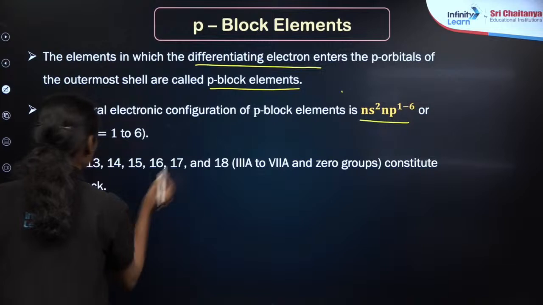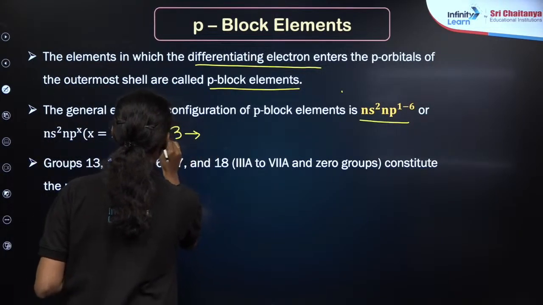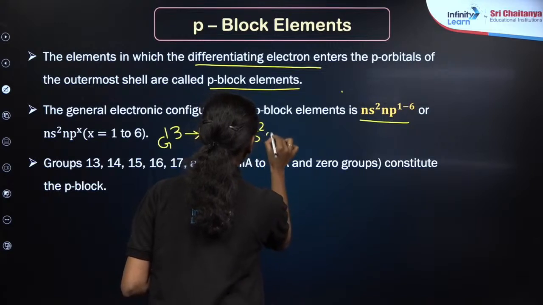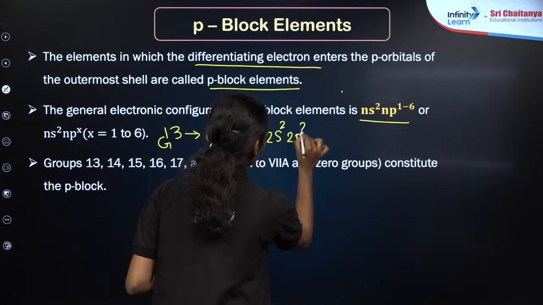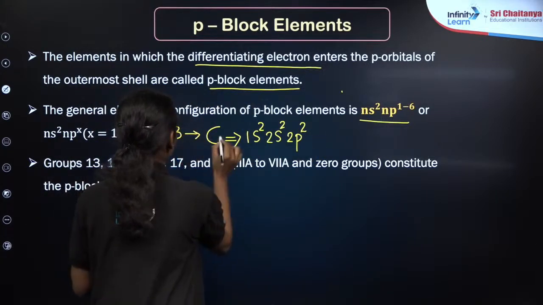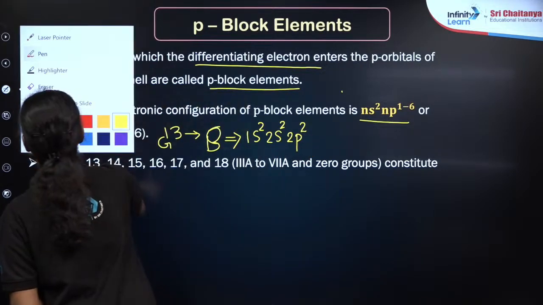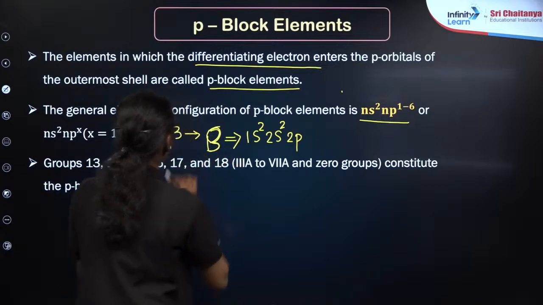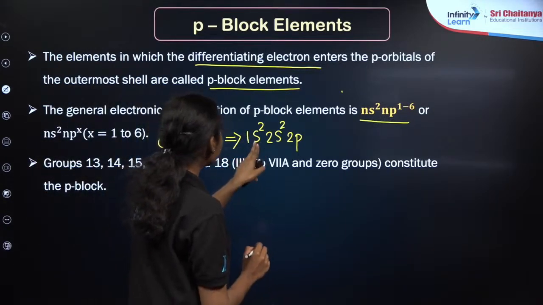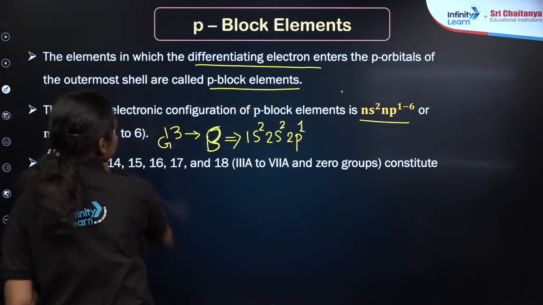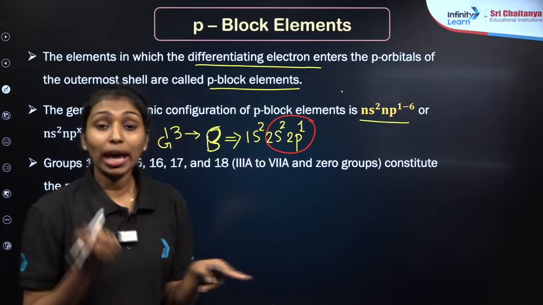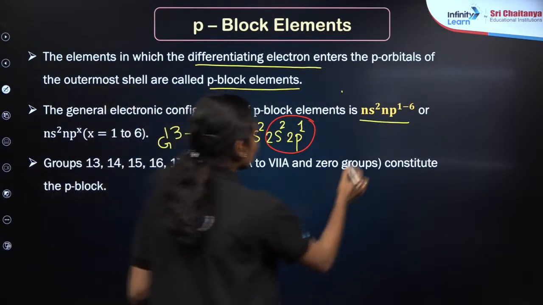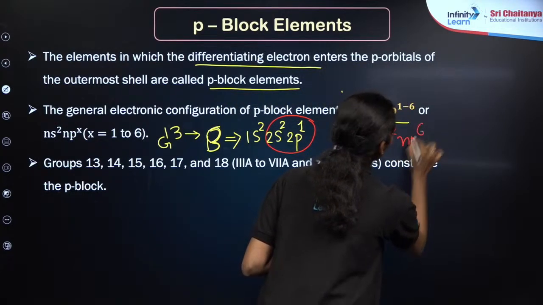Taking a group 13 element, for example boron, the electronic configuration is 1s2, 2s2, 2p1, which means the general electronic configuration is ns2 np1 for group 13 elements, ns2 np2 for group 14 elements, ns2 np3 for group 15 elements, ns2 np4 for group 16 elements, and ns2 np6 for group 18 elements, the noble gases.